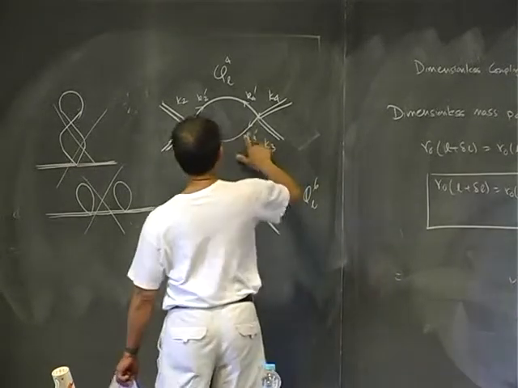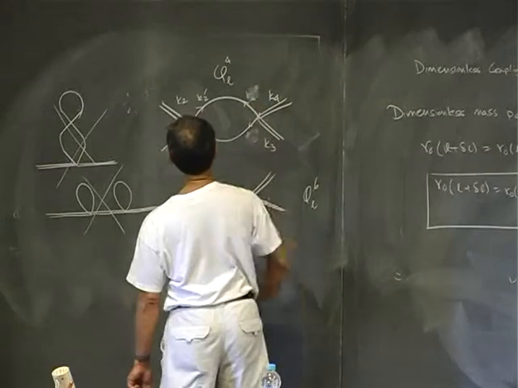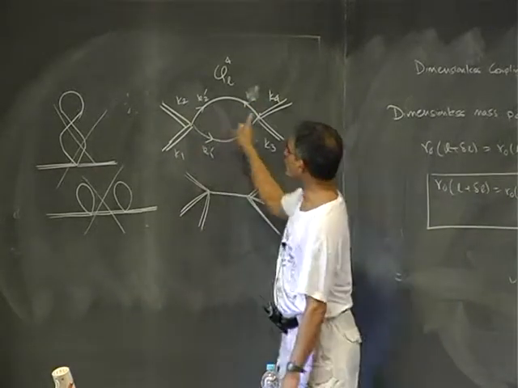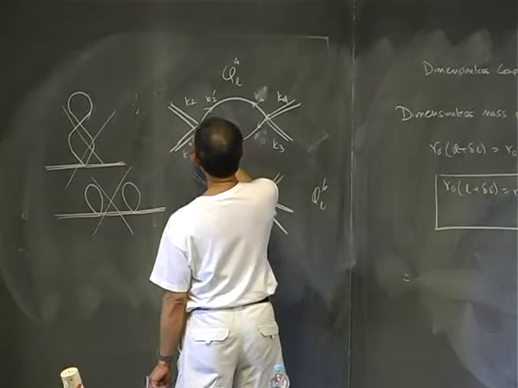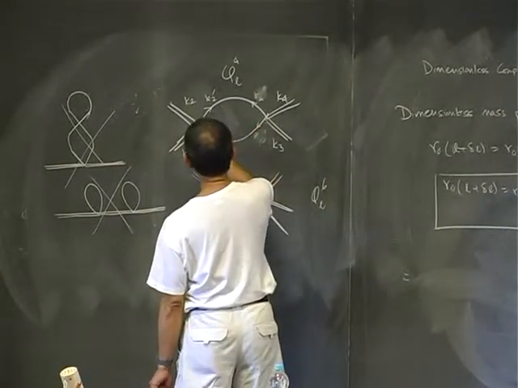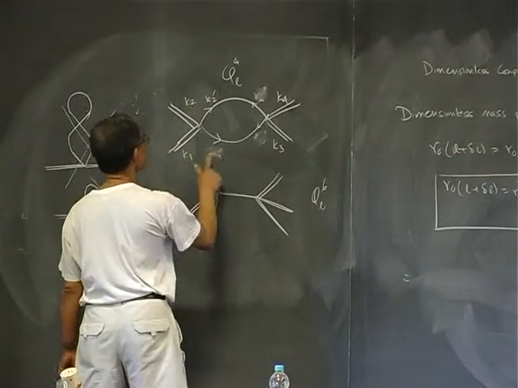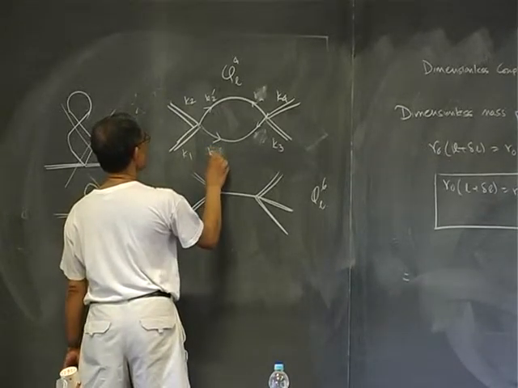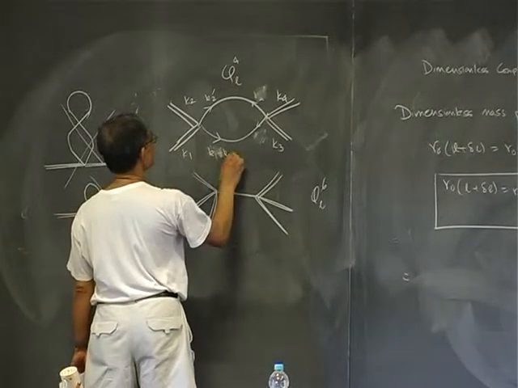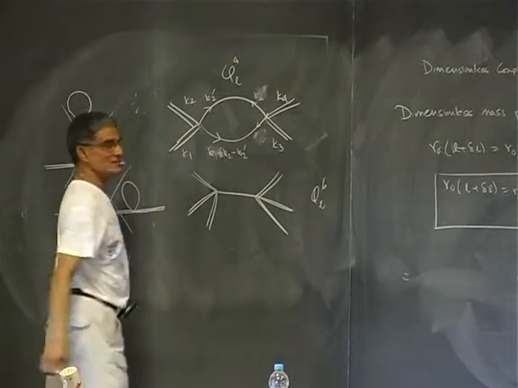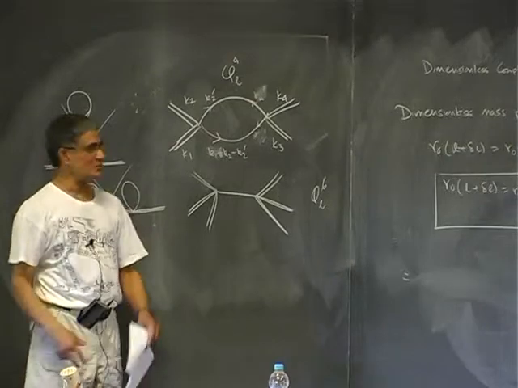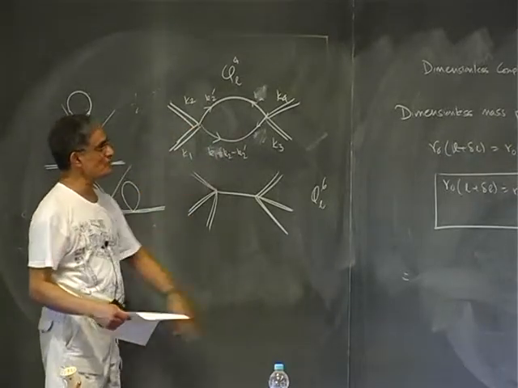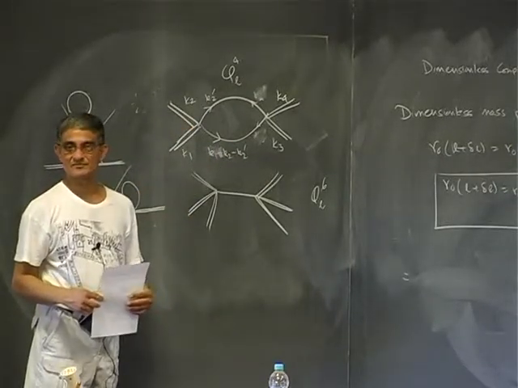So you can just erase one of those, but then the overall delta function also tells you that there will be a delta function in each of these vertices. So this k1 prime must be k1 plus k2 minus k2 prime. So using that delta function, there is only an integration over k2 prime, which I have called q. Okay?